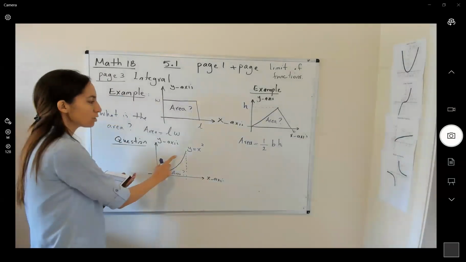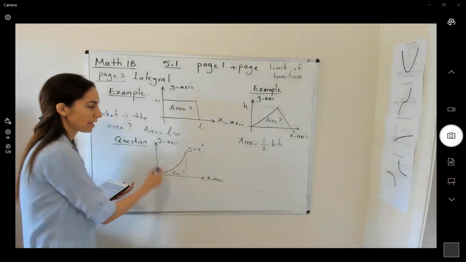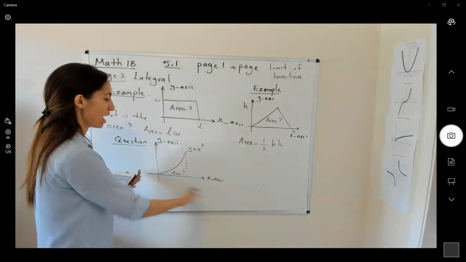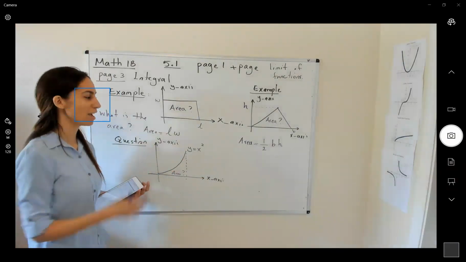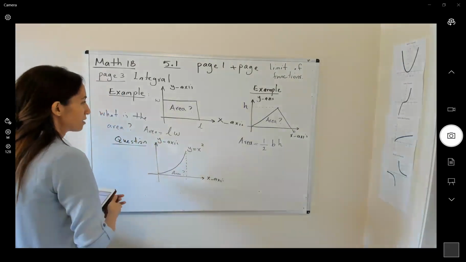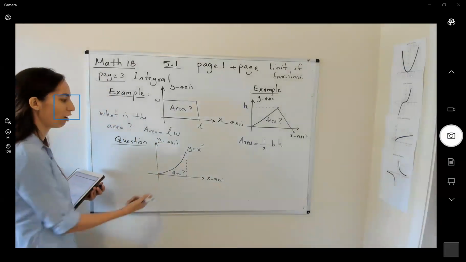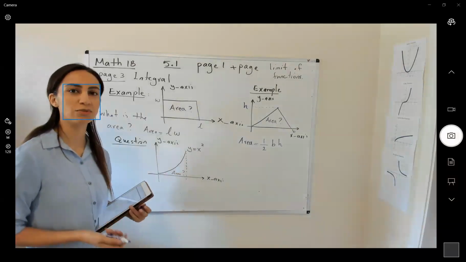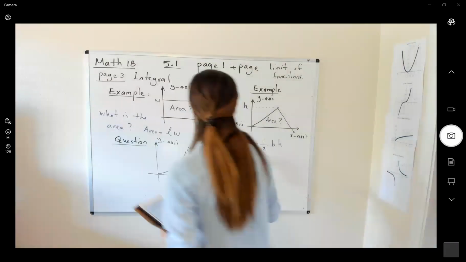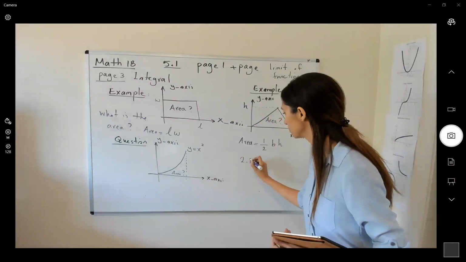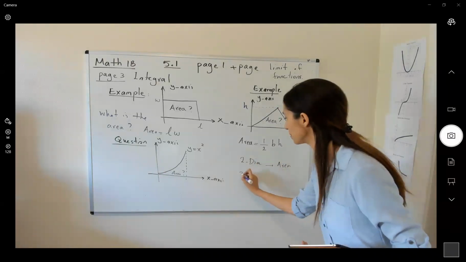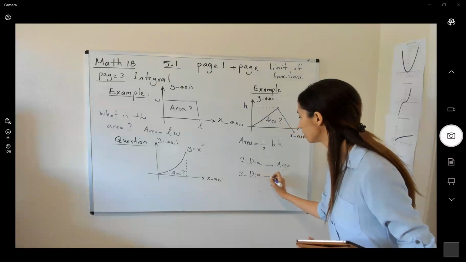Asking questions about the area between different functions, x-axis, y-axis, x equals a, x equals b, raises the question of what's the efficient way to find the area. In two-dimensional space, we're talking about the area. In three-dimensional space, we're talking about the volume.